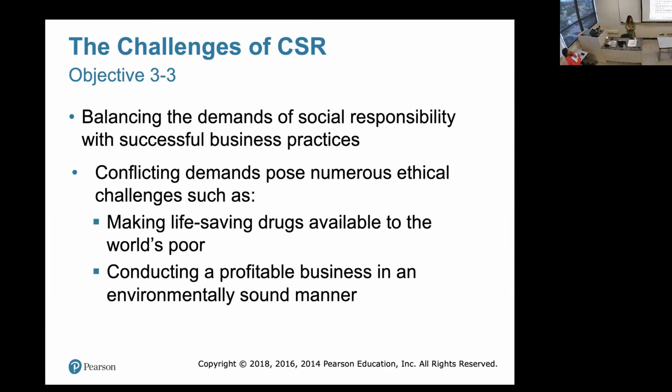It's challenging. It's not just simple, oh, we're just going to be environmentally friendly. We're not going to do this and this and this. But what are the alternatives? And how much is it going to cost? If it costs too much, maybe consumers aren't going to buy your product anymore. So there's always a balancing act there, right?